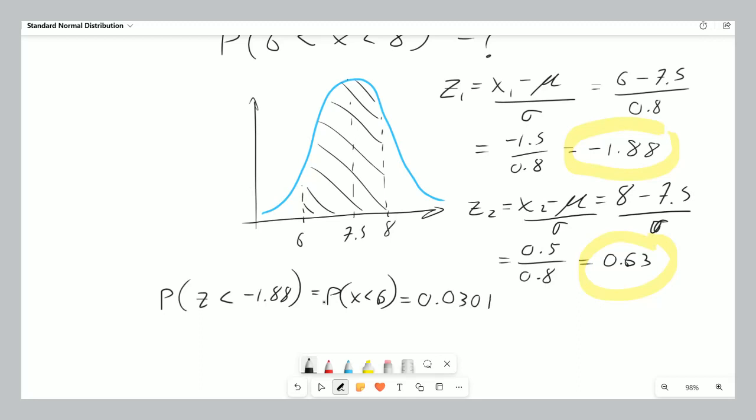And that is equal to this region right here. That's the probability of being below 6. I'm going to put a red box there to signify that.